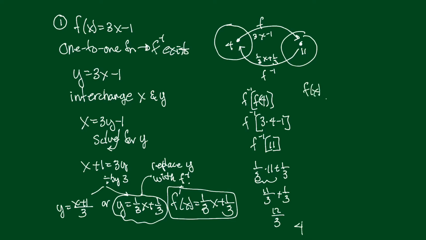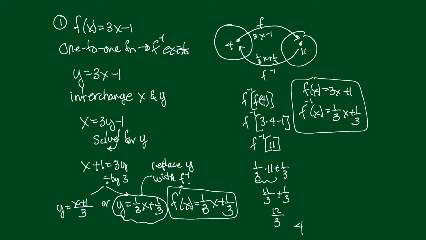So f of x is 3x minus 1, and its inverse, or as I like to call it sometimes, the undo function, is f inverse of x, which is 1/3 x plus 1/3. So these functions undo the effect of each other. So you start with some number, process it with f, and then undo that processing with f inverse.